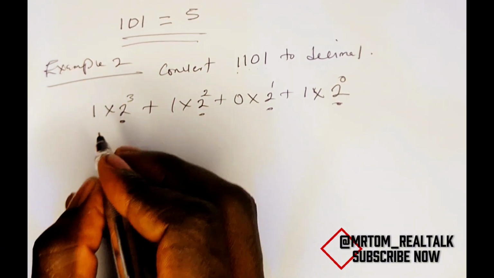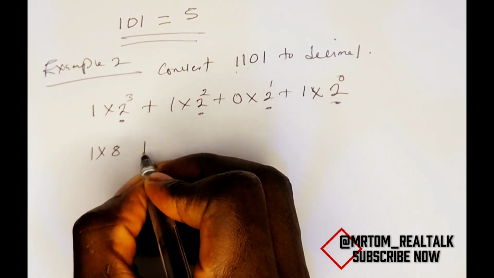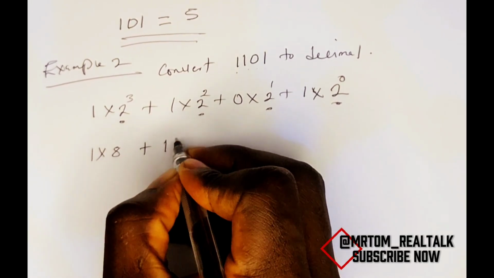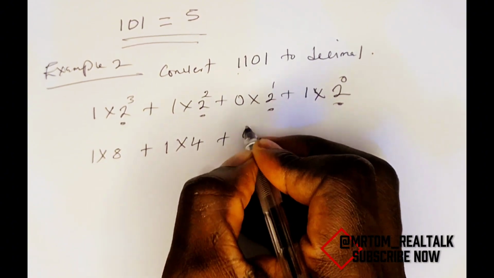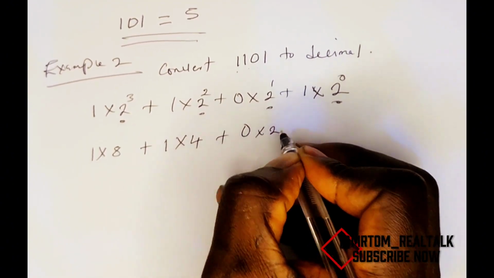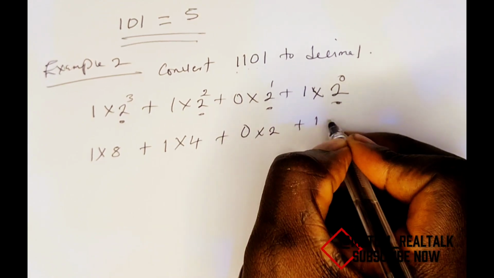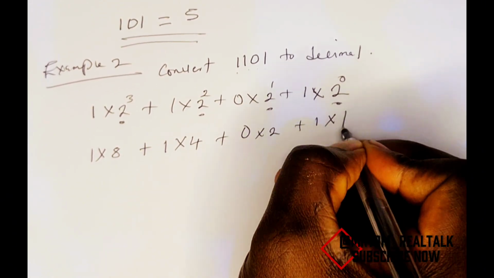So when you multiply through, 1 multiplied by 2 raised to the power of 3 gives us 8, plus 1 times 2 raised to the power of 2 gives us 4, plus 0 times 2 raised to the power of 1 gives us 0, plus 1 multiplied by 2 raised to the power of 0 gives us 1.